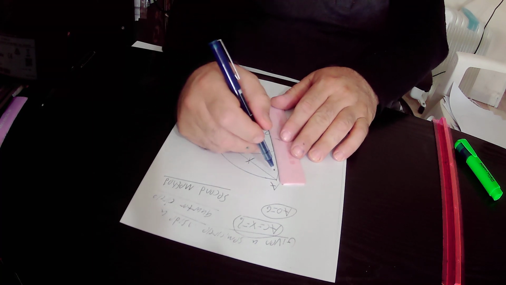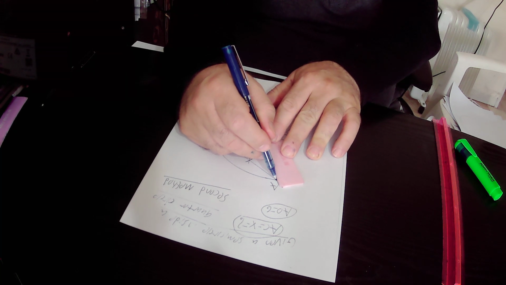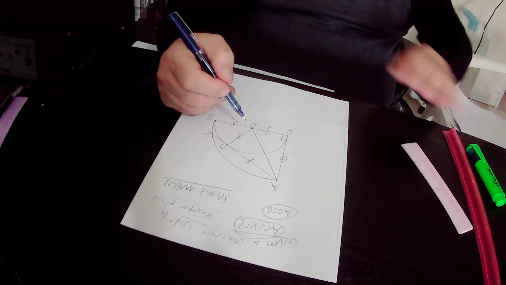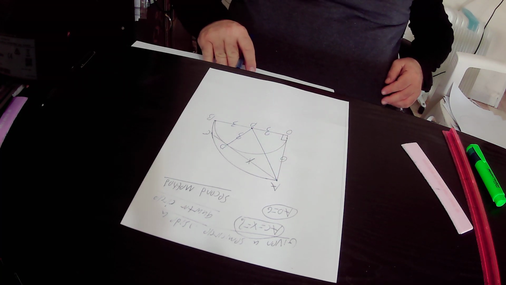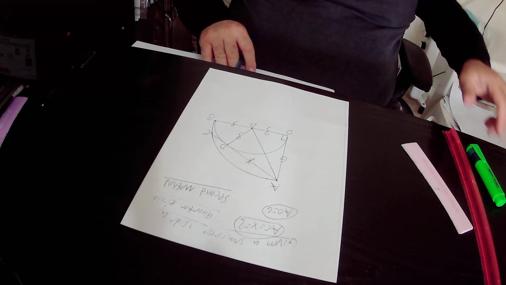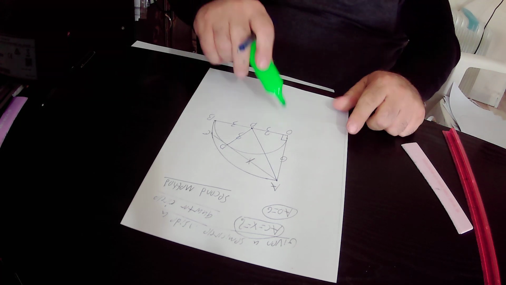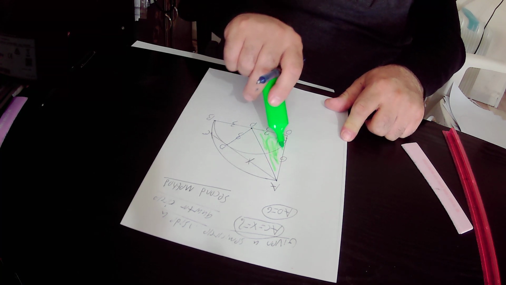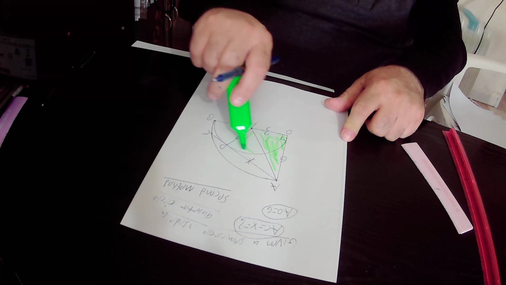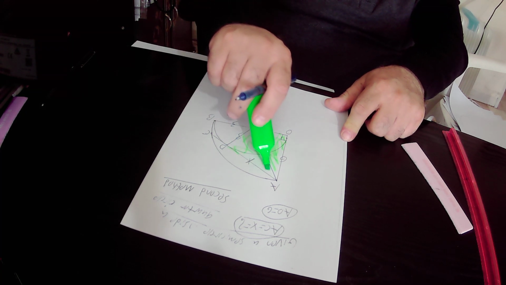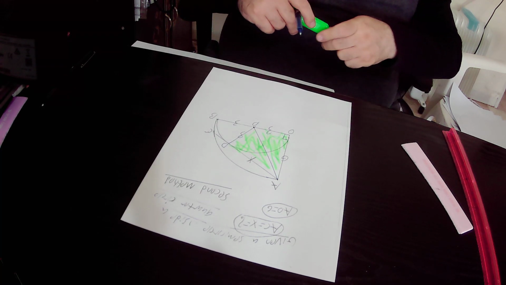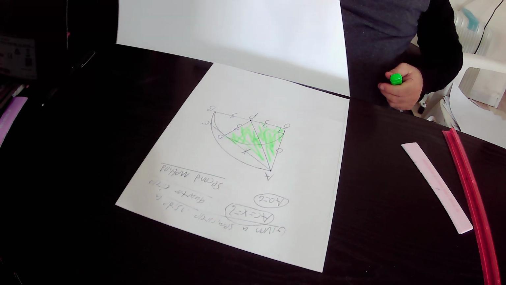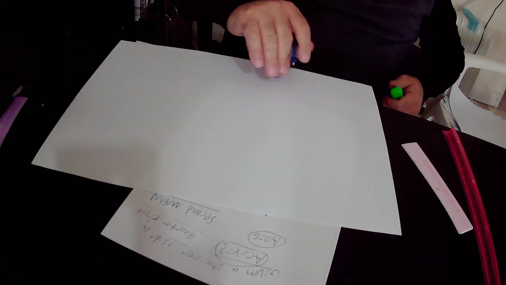We will join points P and A together by a straight line. We have already proved in the first method that triangle AOP is congruent to triangle APD according to side rule. I'll write it down.